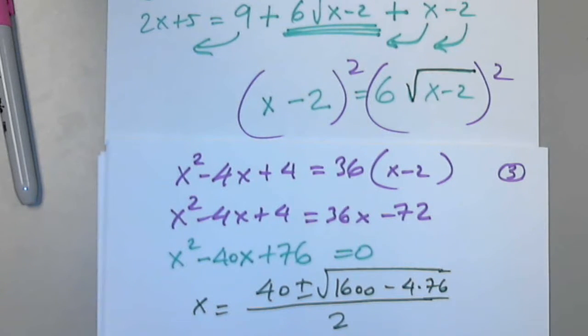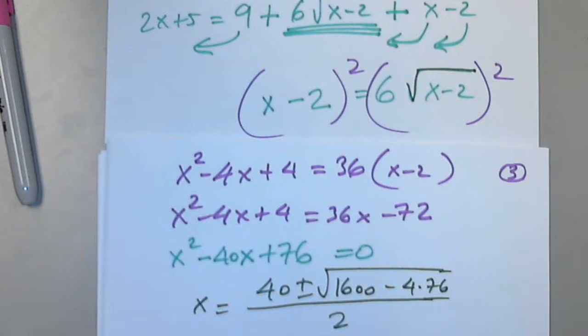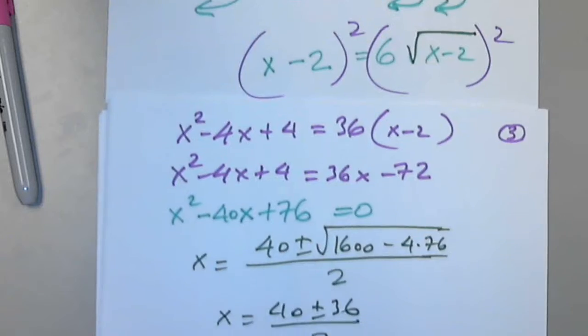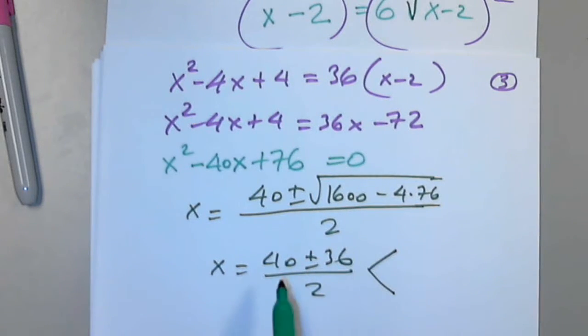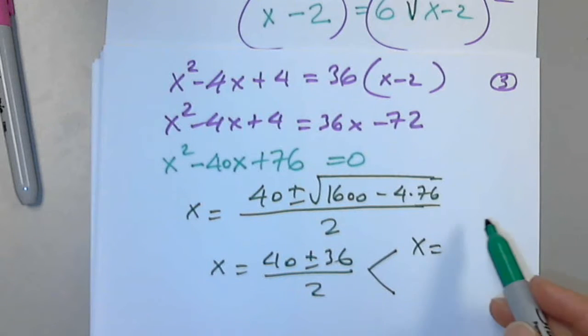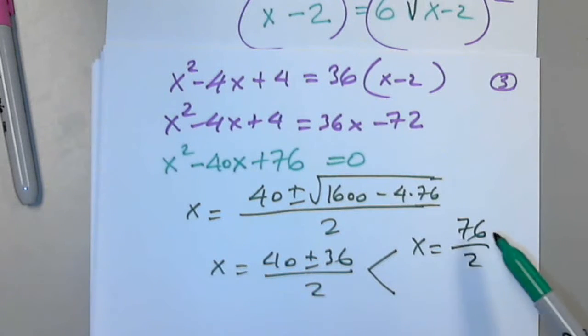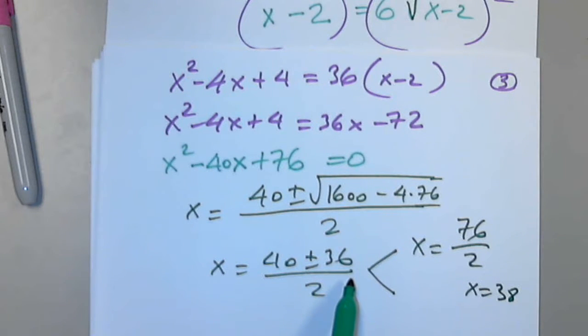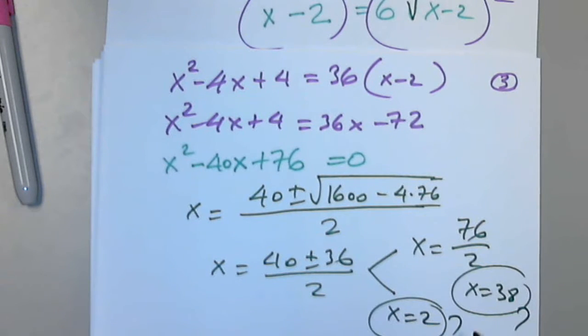I got 36. So x equals 40 plus or minus 36 divided by 2. What now? So 76 divided by 2. 76 divided by 2 is 38. And 40 minus 36 is 4. 4 divided by 2 is 2. So these are the two options.